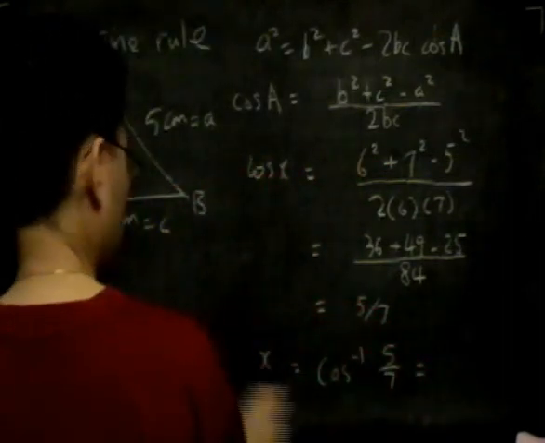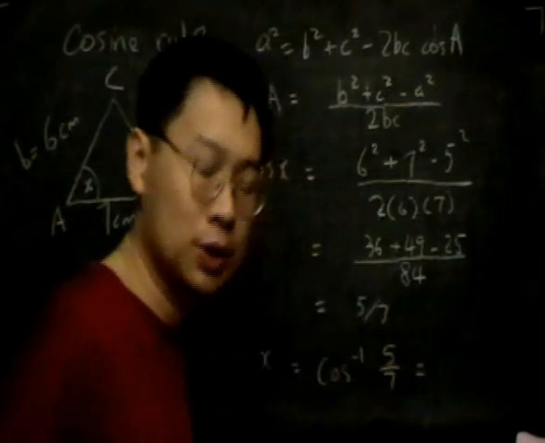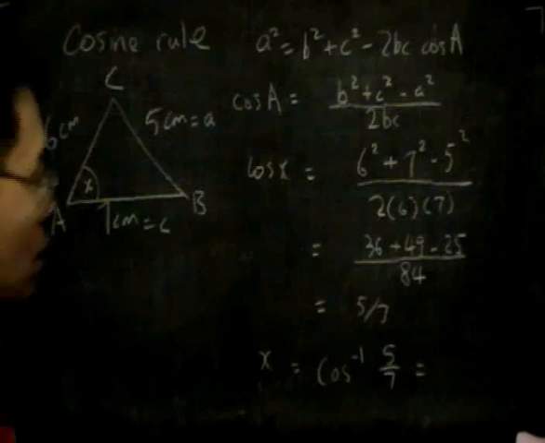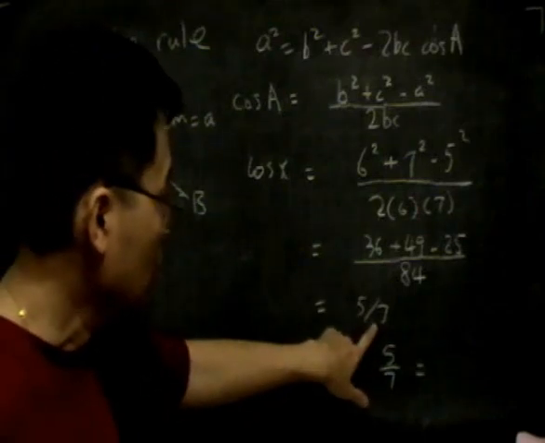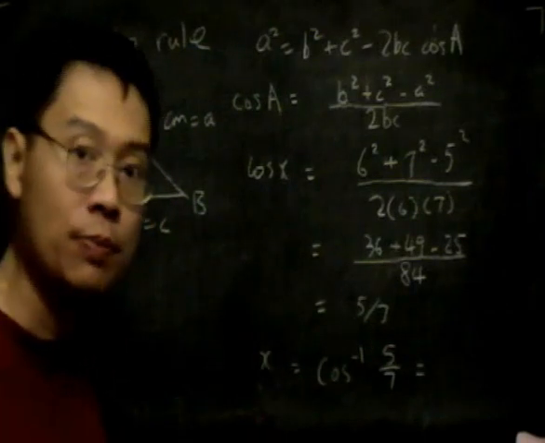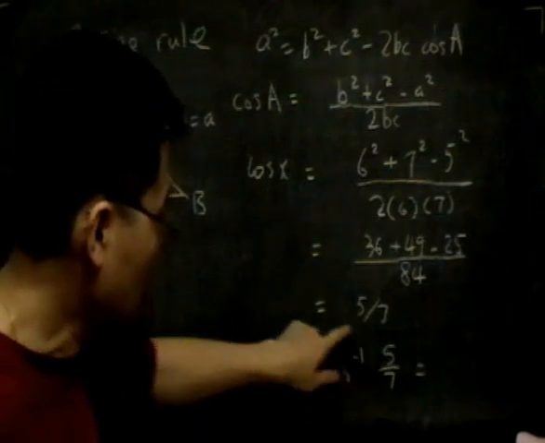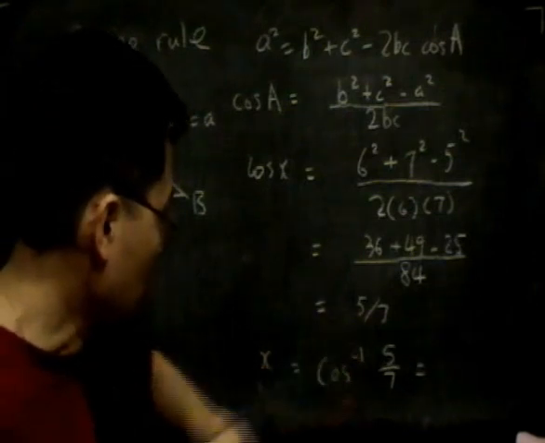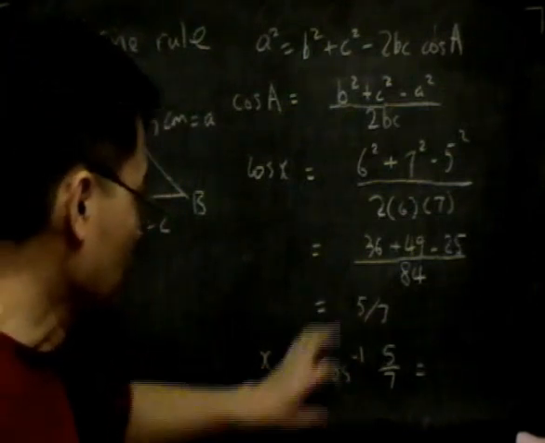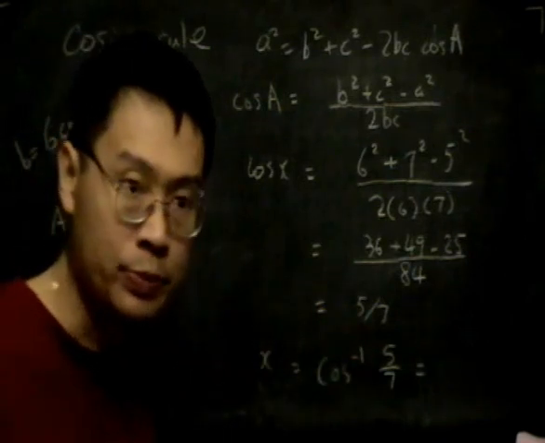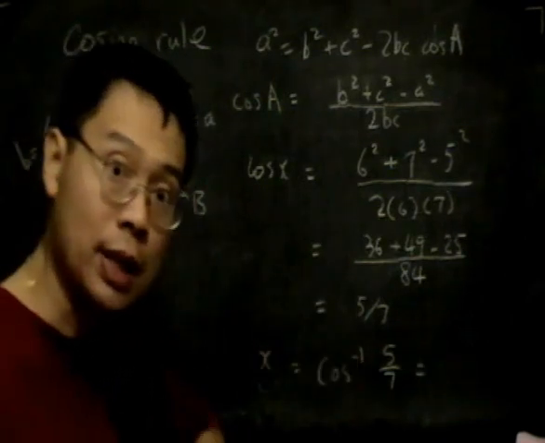Remember that the inverse here does not mean 1 over cosine. It just means that if you know the cosine, you need to find the angle. Right? So this is the symbol that tells you that you want to find the angle. We call that an inverse cosine.